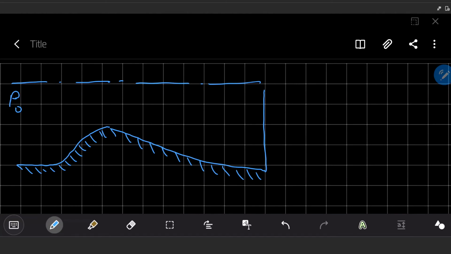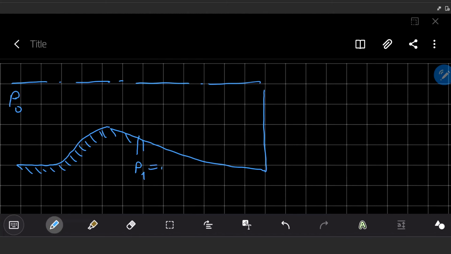Quite obvious that these pressure sensors will be on the wall. I will make some space for the sensors here.